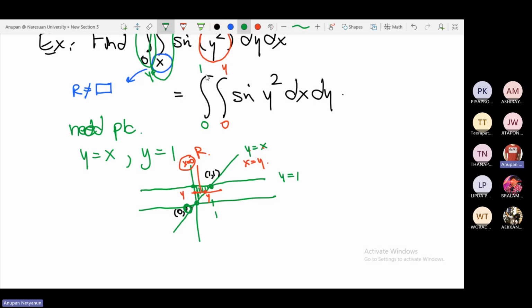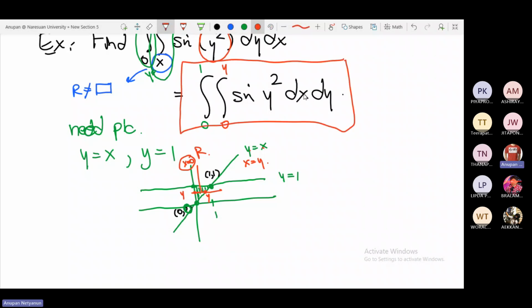You have to make sure that the running numbers for the outside integral have to be numbers, okay? Inside, you can have variables, but outside has to be numbers only. Okay, so that is going to be the double integral that you might want to use to do the calculation.